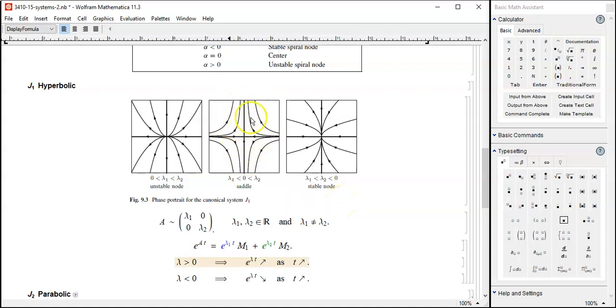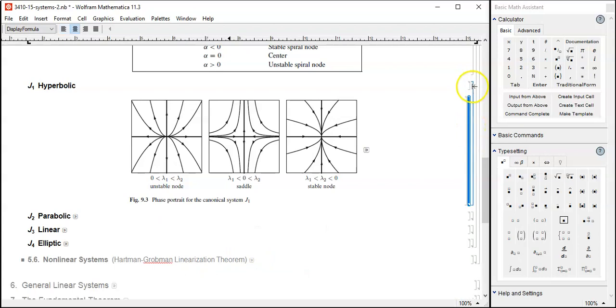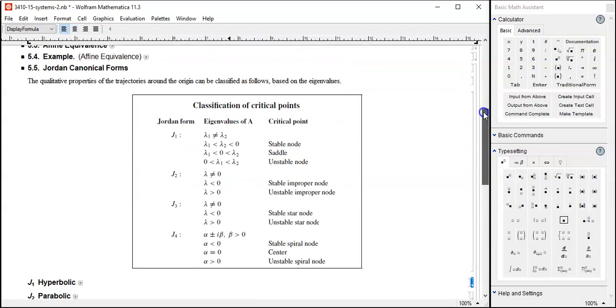Most of the time, it's going to fall in the middle case, some positive, some negative. If there's at least one positive, then in that direction, things will merge in and then disperse away, so we have an unstable equilibrium in the middle. All negative, then we have stability. Otherwise, all unstable. So we went through J1, hyperbolic.